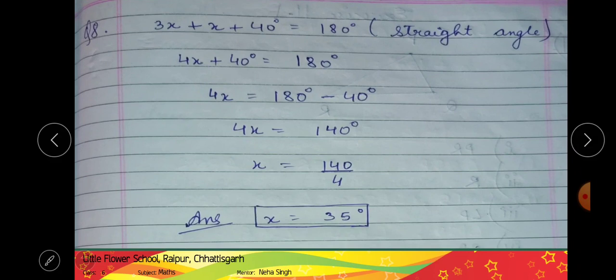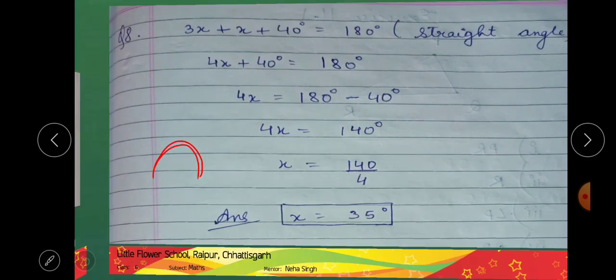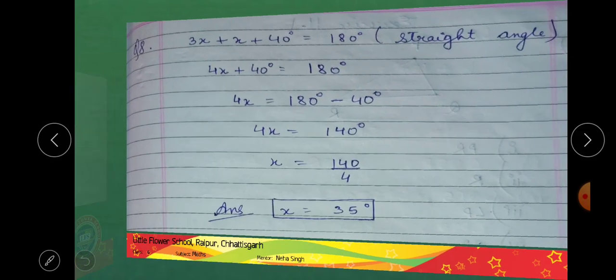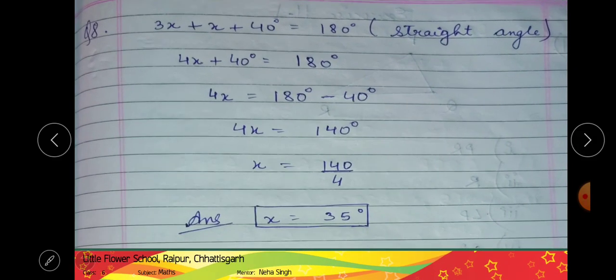So if we are adding all the angles, our sum should come to a straight angle, that is 180 degree. So we will write it as 3x plus x plus 40 is 180 degree, right? So 3x plus x is 4x. 4x plus 40 is 180 degree.